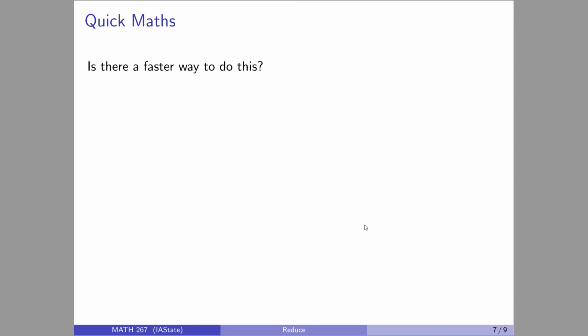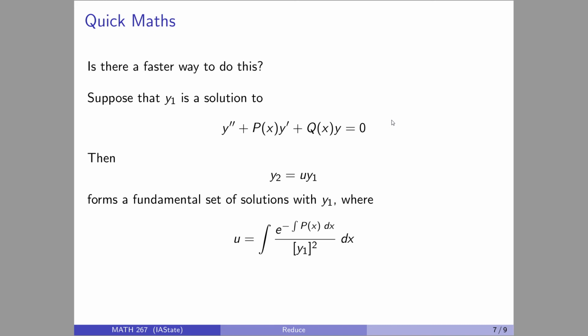Okay, so obviously, this technique has a name, and as you are no doubt guessing, there's probably a better way to do it. So, y sub 1, if that's a solution to a second-order linear DE, note the form it is in. I want to stress this. Note the form that it is in. Then the second solution can be found, exactly as we just discussed, by multiplying y1 by u, where u is this expression.